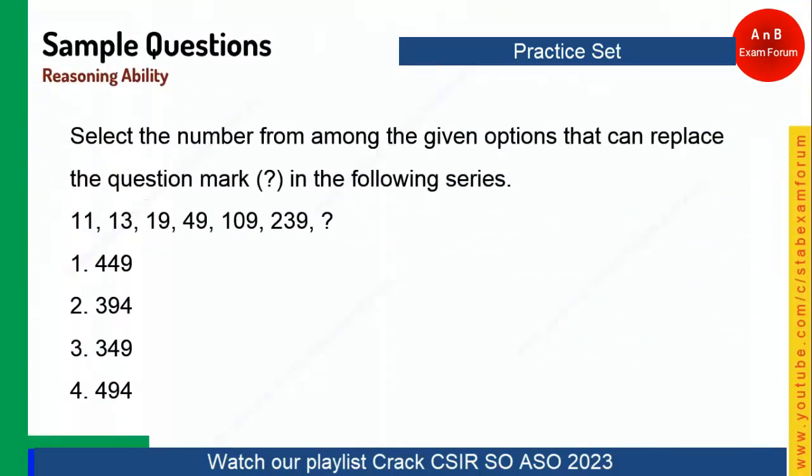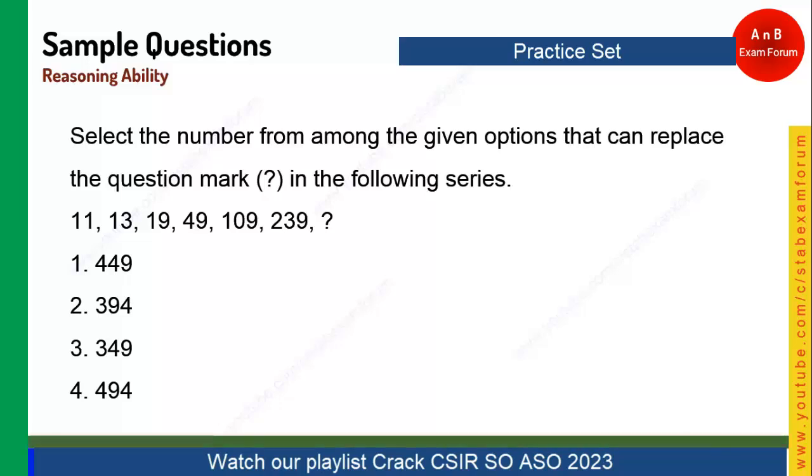and your time starts now. Student, this is a very difficult one. If a question takes a lot of time, you can ignore it. This question is from series, number series.